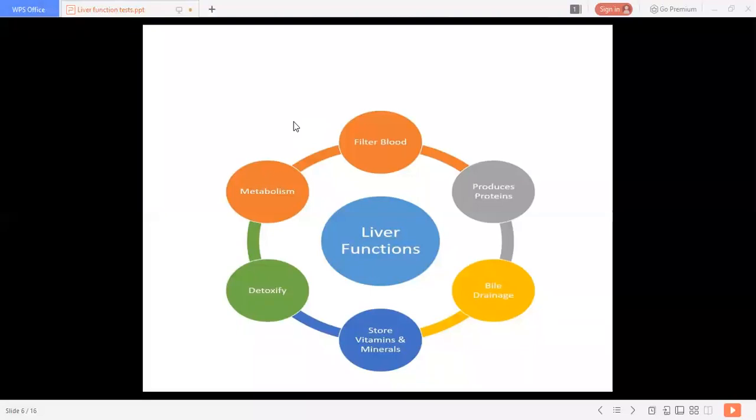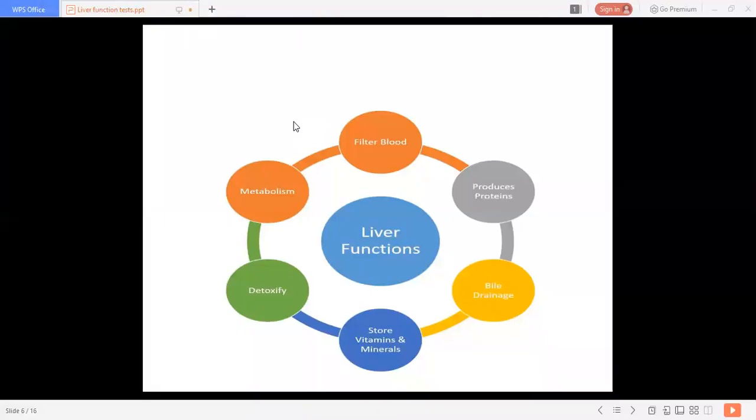As the liver is an important site for synthesis of albumin, its level in the serum helps in understanding the health state of the liver. So we can judge the health state of the liver by knowing the levels of albumin in the serum.